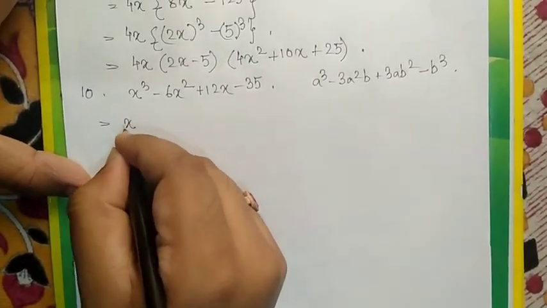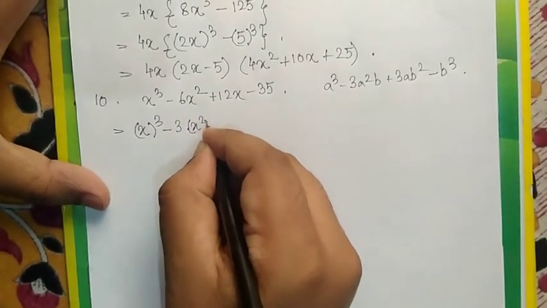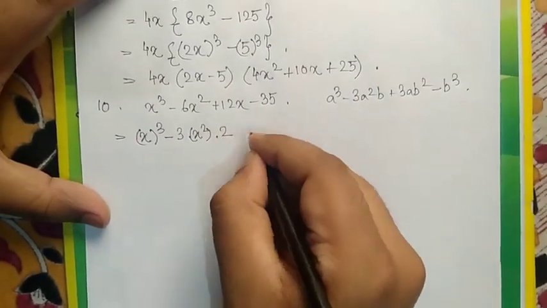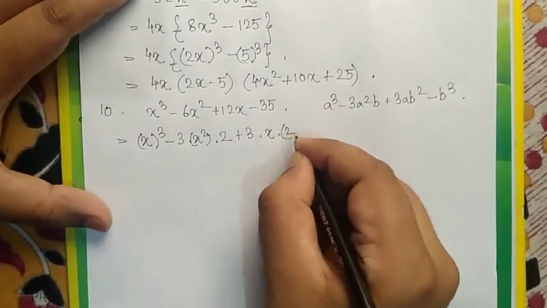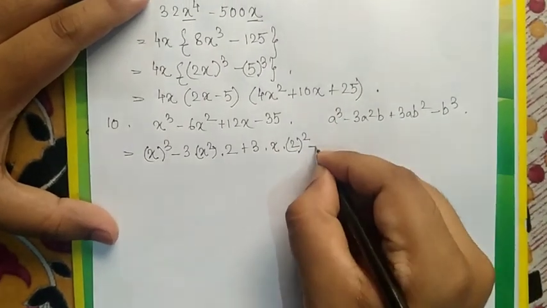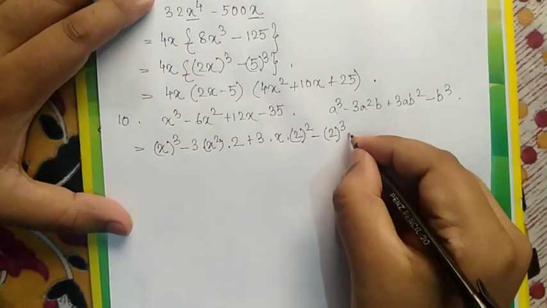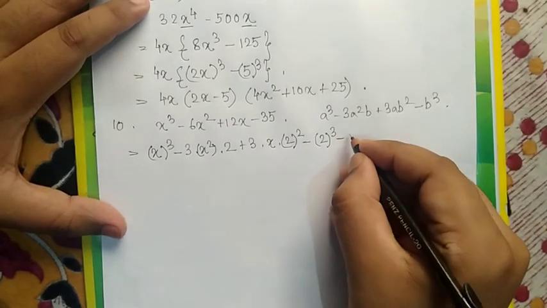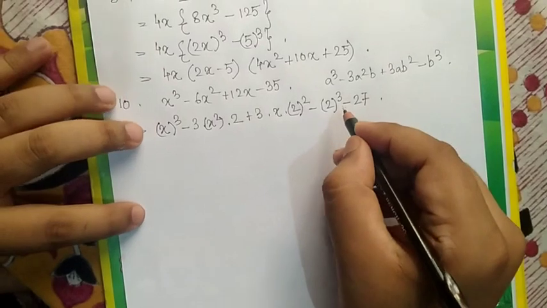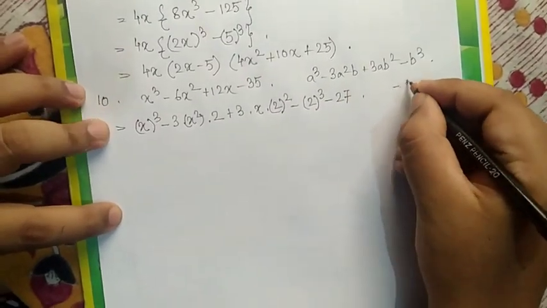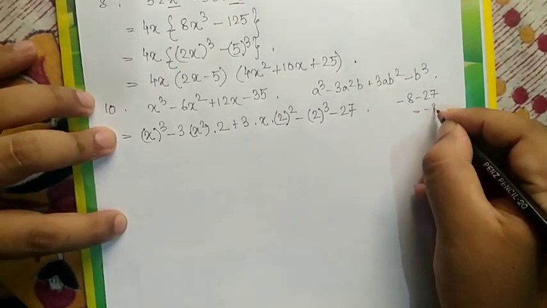So therefore x whole cube minus 3 into a square into b, which means 2, plus 3 into x into 2 whole square, minus 2 whole cube, minus, now here is the part: minus 2 whole cube means minus 8 and minus 27, so minus 8 minus 27 means minus 35.